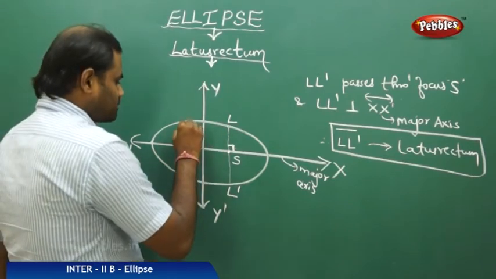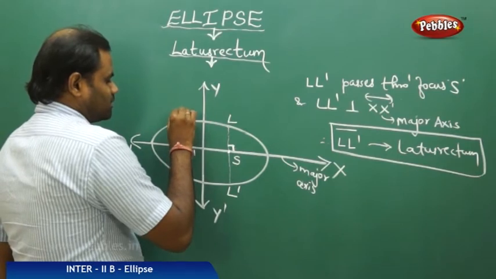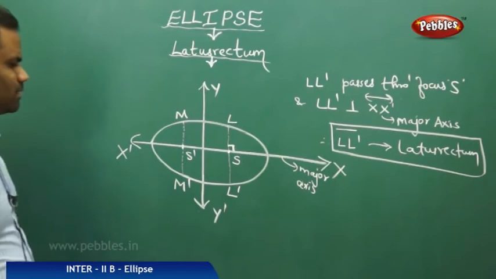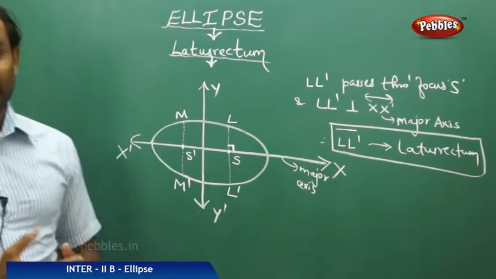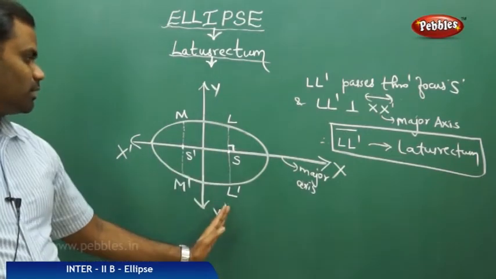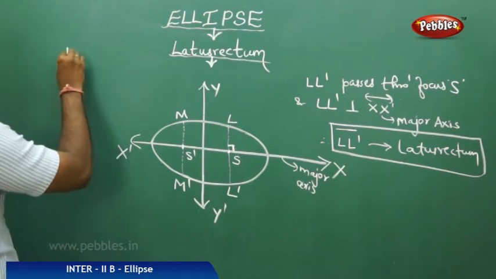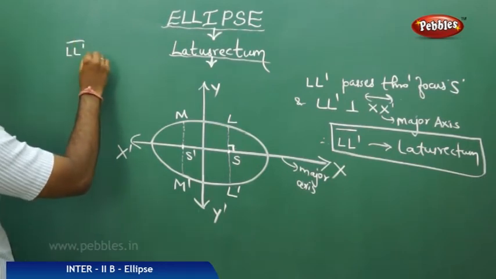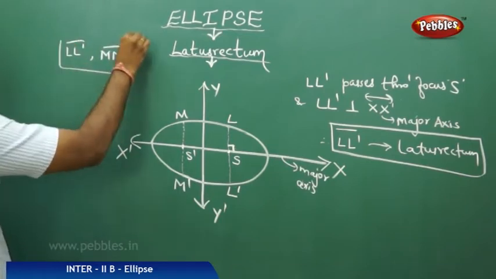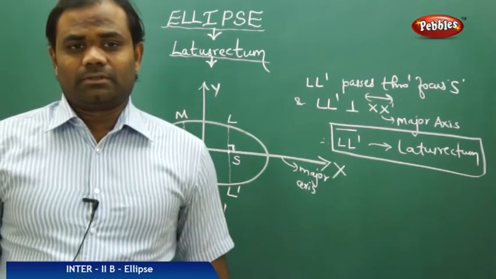One is LL dash and the other is, you can say, M M dash. So there exist two latus rectums for the ellipse which are perpendicular. One is LL dash and one is M M dash. This is how we understand the latus rectums for the ellipse.